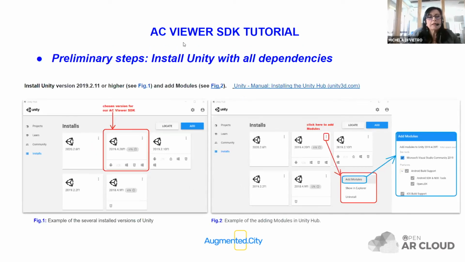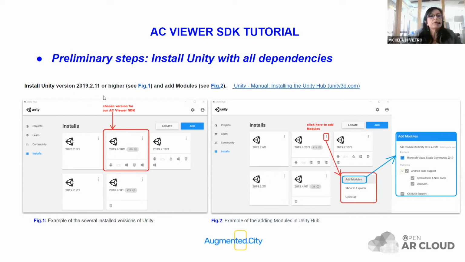AC Viewer is a Unity-based project. So you need to install, first of all, a Unity editor. I suggest you use Unity Hub because it is a standalone application to manage your Unity projects and installations. Very, very easy.